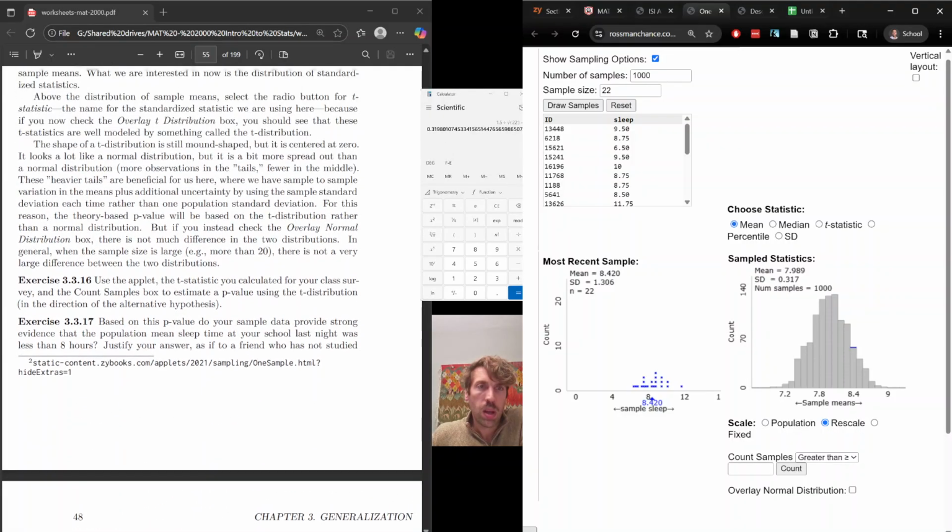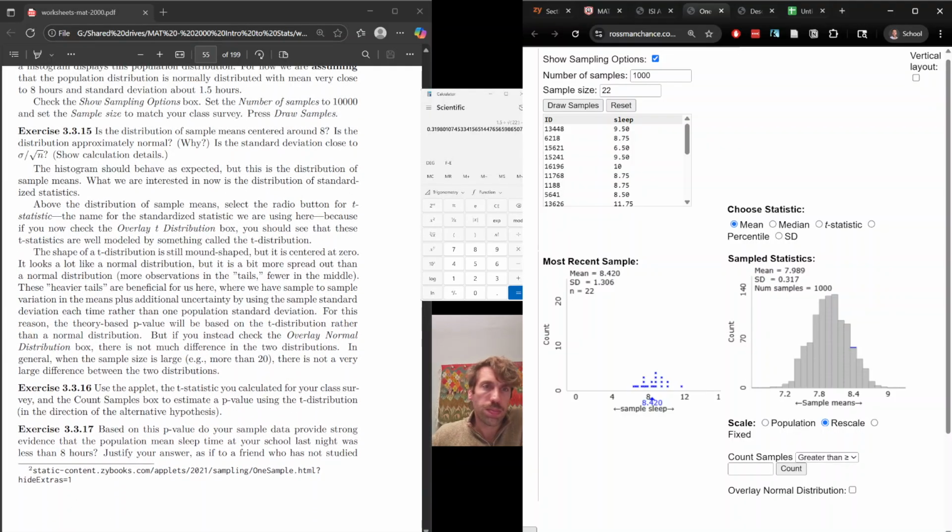Okay. And now pay attention to the directions. Above the distribution of sample means, select the radio button for T statistic. Then check the overlay T distribution, down there. You should see that the T statistics are well modeled by something called the T distribution.